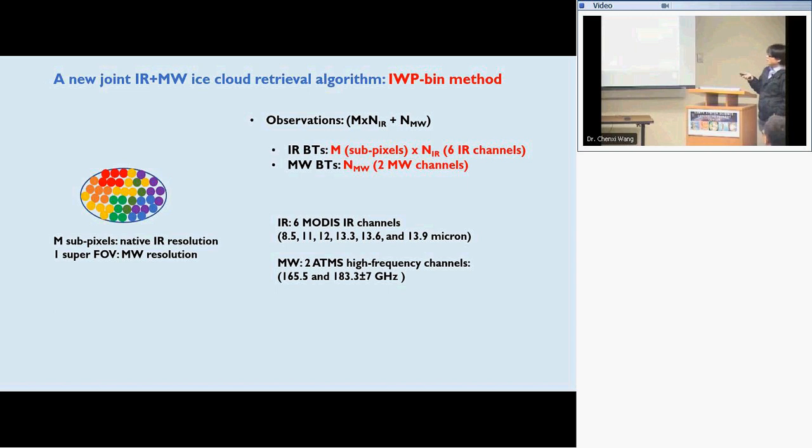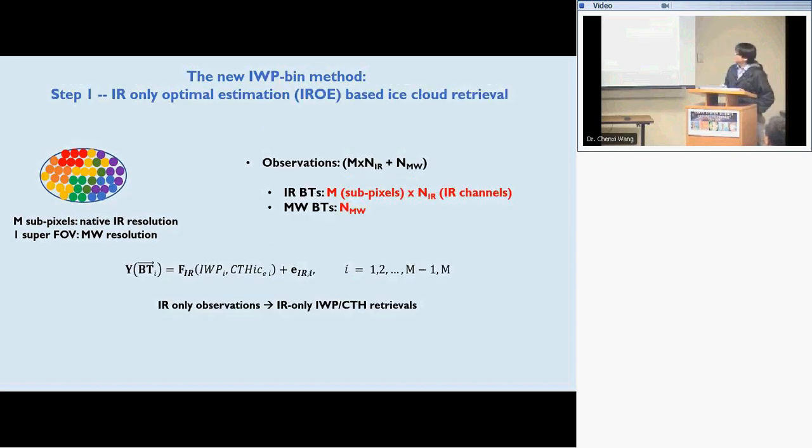For this FOV, we have n small pixels for infrared and one super large FOV for microwave. For infrared, we use 6 MODIS infrared channels, 8 to 14 microns, and for microwave, we use 2 ATMS high-frequency channels, 165 and 183 gigahertz. So here is the total number of observations.